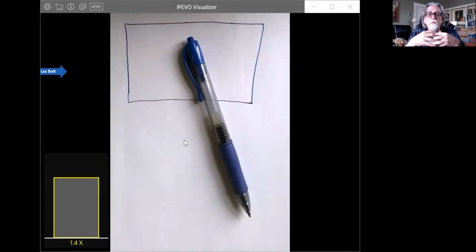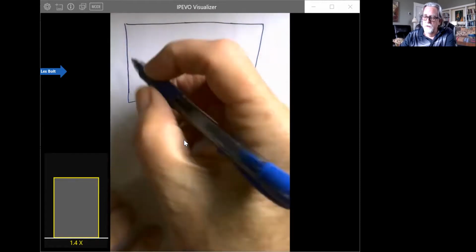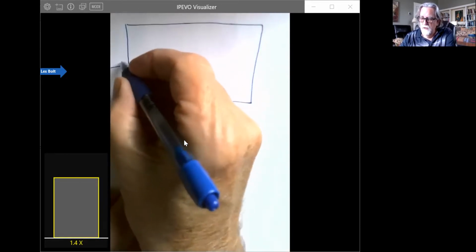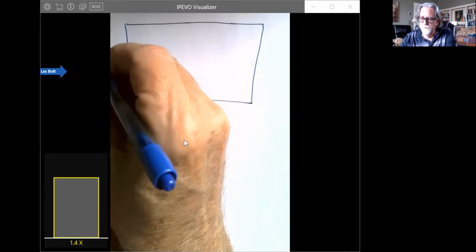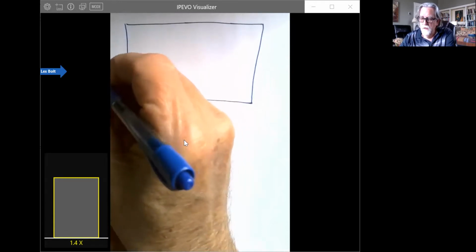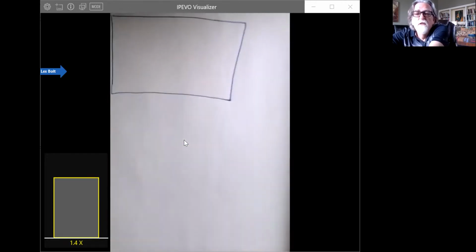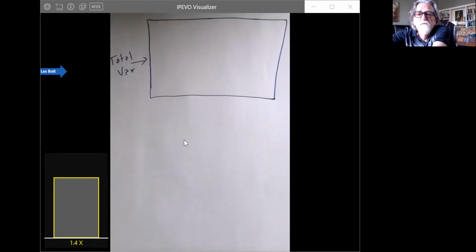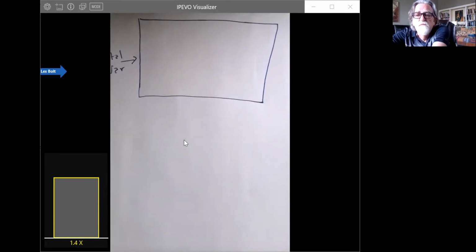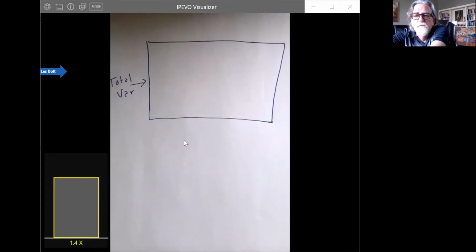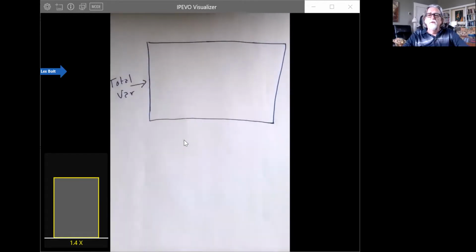And so if this box represents sort of a total variance, and we'll just indicate that the box is total variance. Let me adjust this just a touch. There we go, that's better. The box represents total variance.